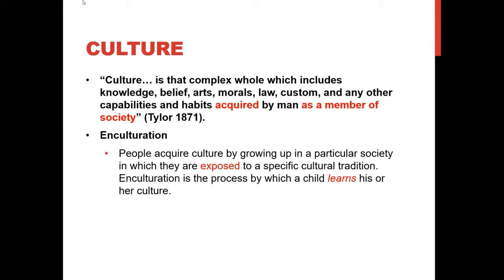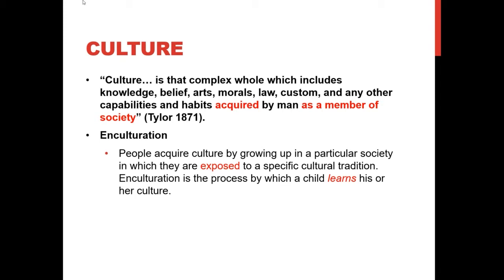The opposite of learned would be inherited, like you inherit black hair from your mom or dad. Acquired is the opposite of that. Acquired is something that you get, that you obtain. It's not something that you're born with. So that's a very important point right there. Culture is something that is learned. It is not something that you are born with. Very important.